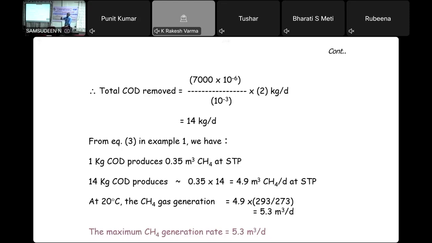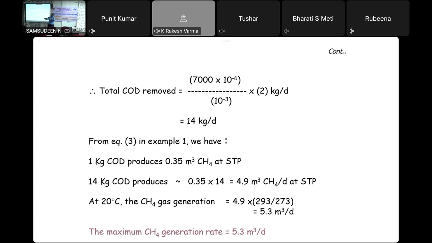But in the problem, the temperature is 20 degrees. Okay, so now we have to calculate that. At 20 degrees, the methane gas generation is 4.9 times 293 divided by 273. I'm going to tell you how to convert your STP to 20 degrees centigrade. Okay, so that's where this number comes from.